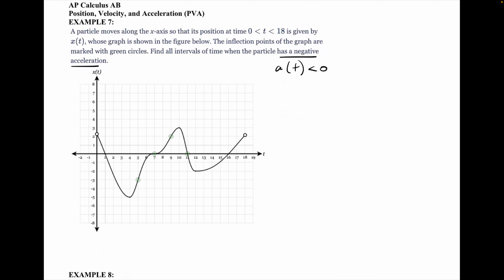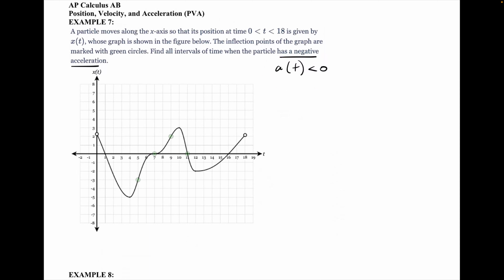We have to find acceleration. So what's the relationship between position and acceleration? Second derivative, right? So what we're going to have to do is find the second derivative of this guy. What do you look for when you're looking for the second derivative on a graph?